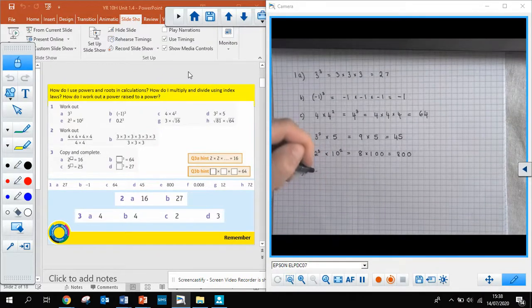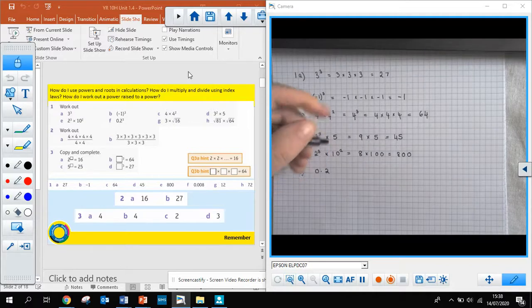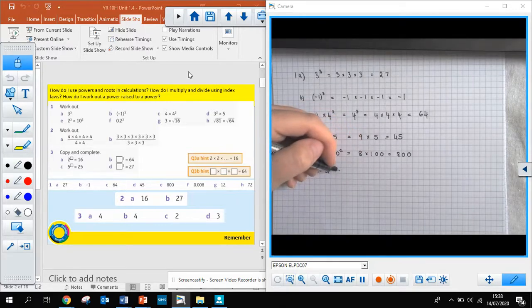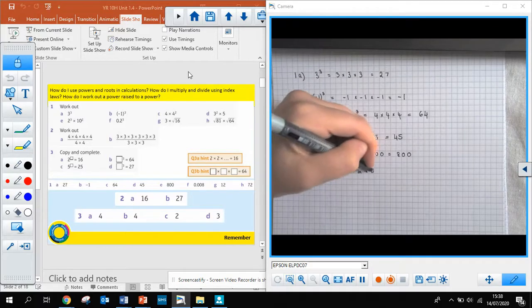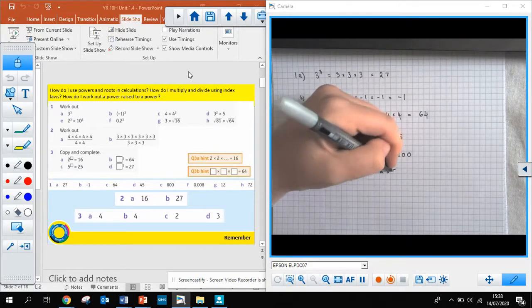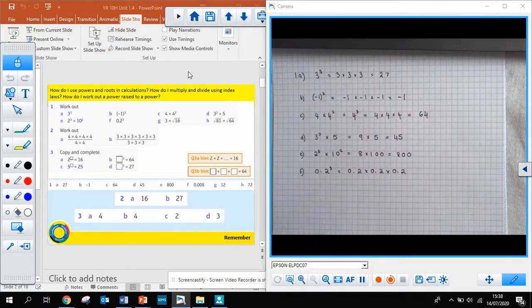F wants to know 0.2 all cubed. Okay, so 0.2 cubed. So what you're actually doing is 0.2 multiplied by 0.2 multiplied by 0.2. Now, at this stage, multiplying decimals is something that people do tend to get wrong.